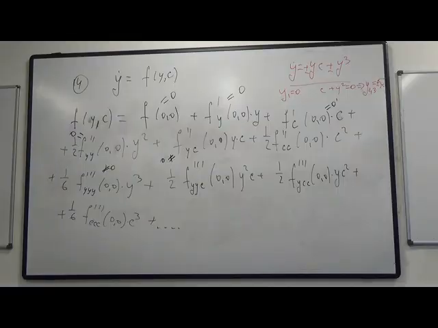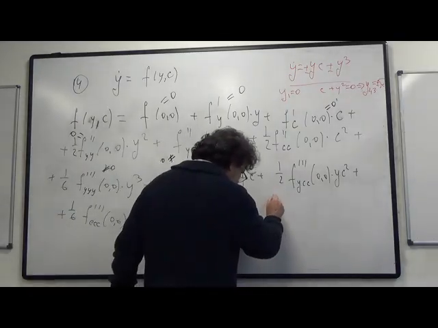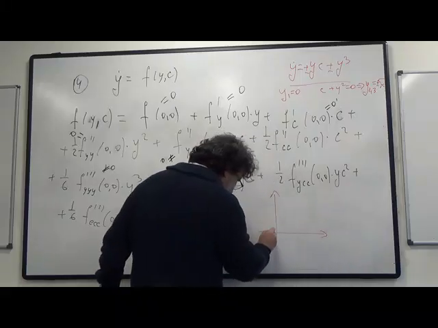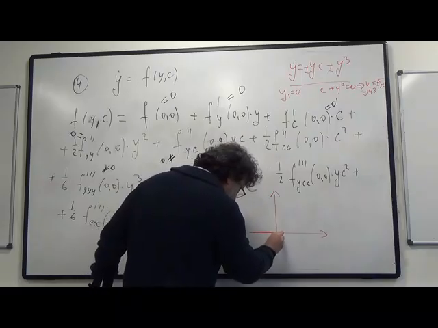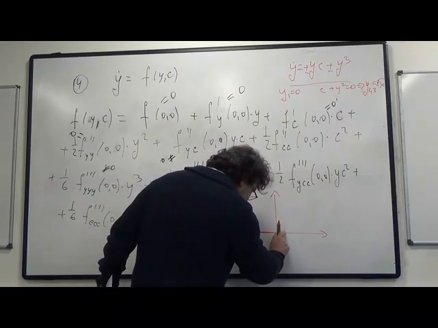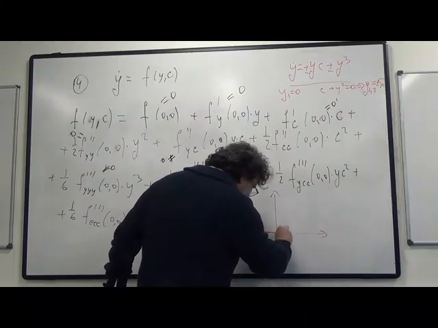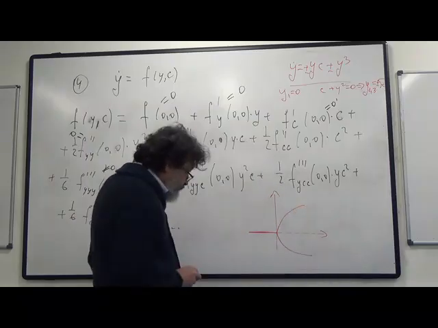Pitchfork bifurcations again. There are 4 forms of this. 2 forms called subcritical, 2 other forms called supercritical. I can illustrate it here. So let's say this is 0, it tends to be unstable.